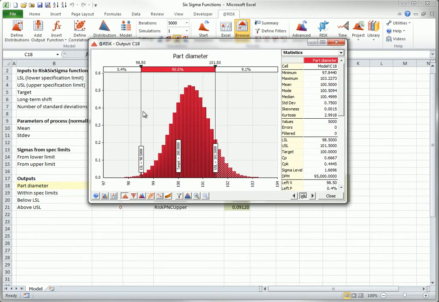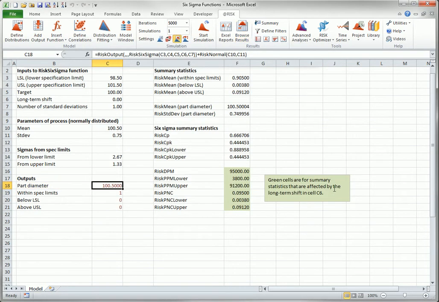Again, the sliders are positioned at the specification limits, and you can see that there are clearly a lot more defectives, most of them on the high end. Now I will set the mean and standard deviation back to their original values. And I will rerun the simulation again.